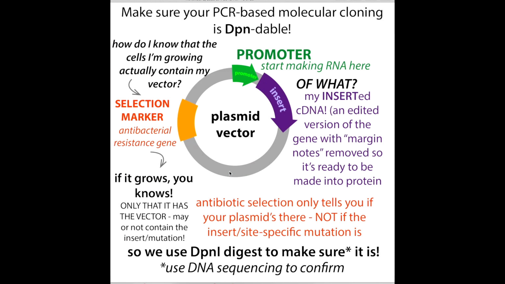So another thing is the idea of some of the parent vector or the parent plasmid still being in the sample, in the colonies that you have. And so there are a couple ways that you show this.